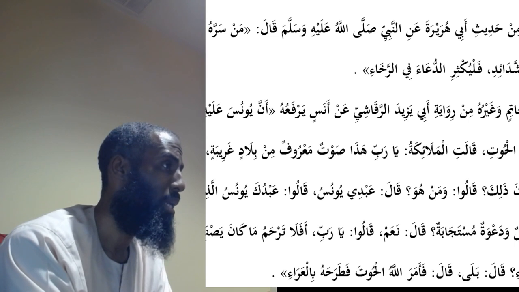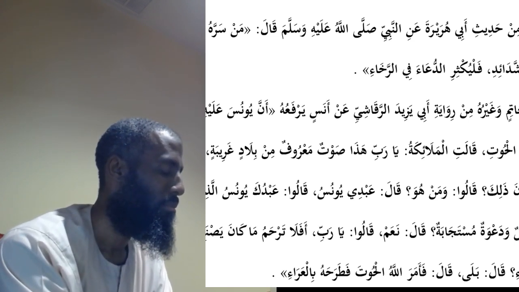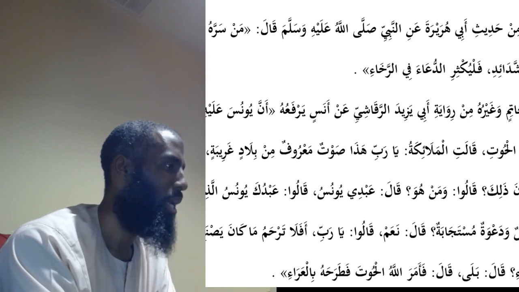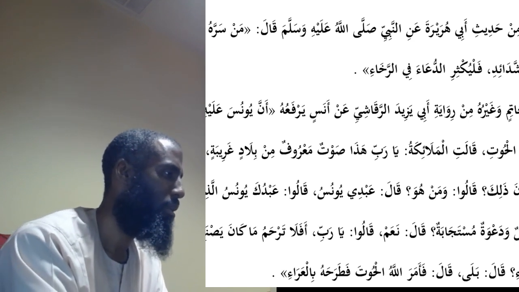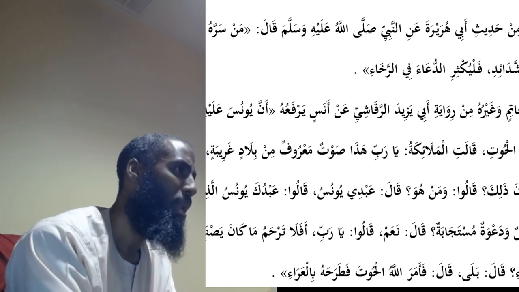Mutaqabbal means something that has been accepted. You say after Salat al-Fajr, Allahumma inni as'aluka ilman nafi'a wa rizqan tayyiba wa amalan mutaqabbala.